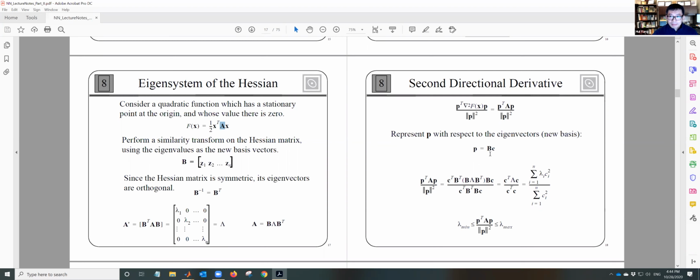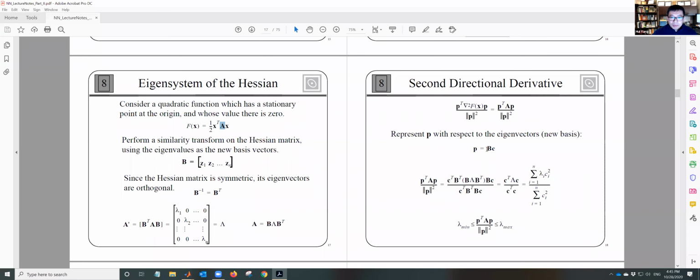That means you can use C times all the eigenvectors, you can derive P. In other words, any vector in the space, if you have eigenvectors, can be represented as the combination of eigenvectors. So P equals BC.